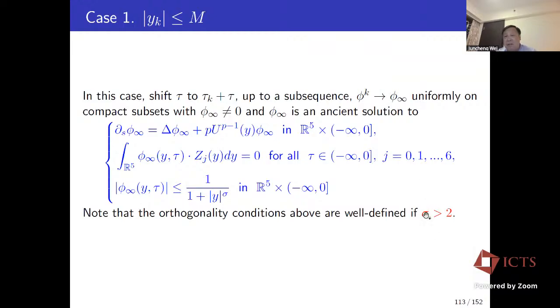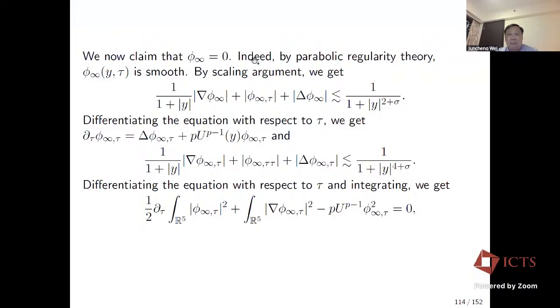That's why we need sigma greater than 2, because I want to take a limit inside here. So this is the limit equation, and we need to say that this limit equation cannot have a non-trivial solution. First, we claim that phi infinity is 0.